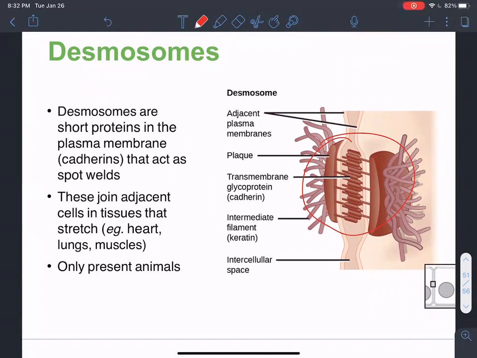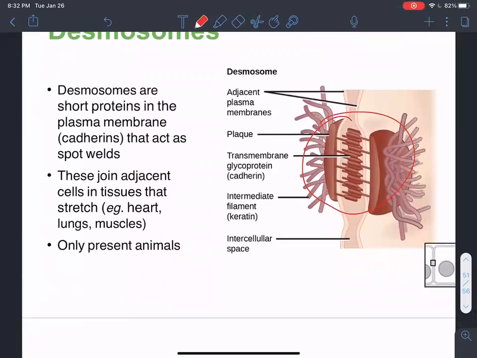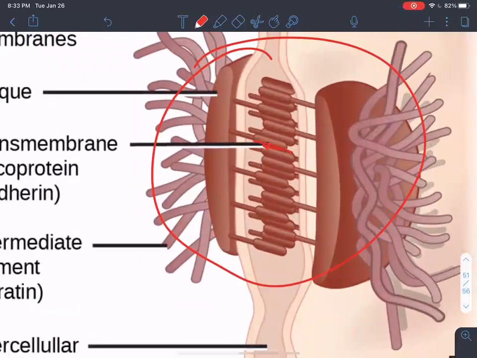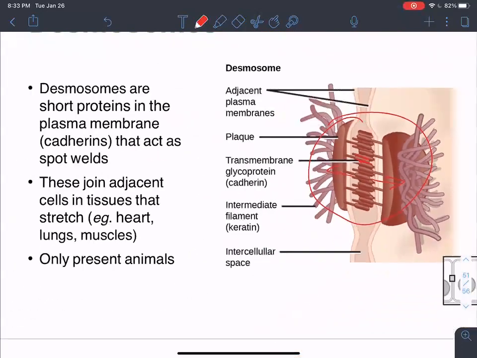They're just welding the actual plasma membranes together. They join adjacent cells in tissues that need to be able to stretch, because you can get movement between these, and it allows for stretching outwards if necessary. Some tissues need to stretch, like the heart, lungs, and muscle. So desmosomes are necessary to weld these tissue cell membranes together but allow for stretching at the same time. These are only present in animal cells.